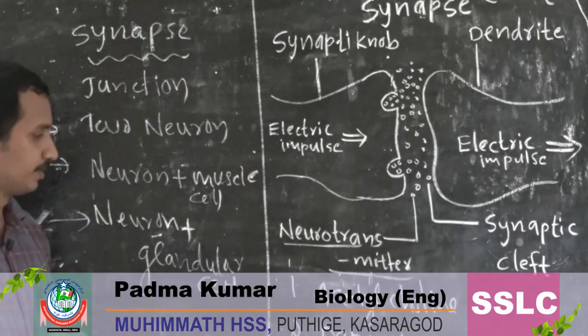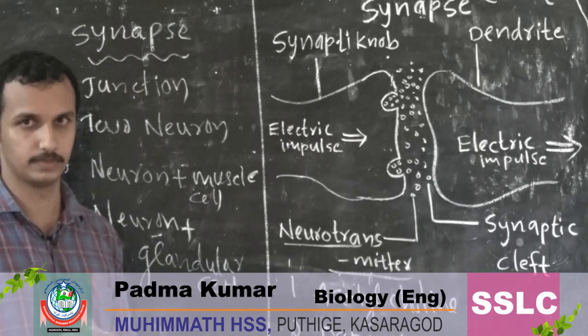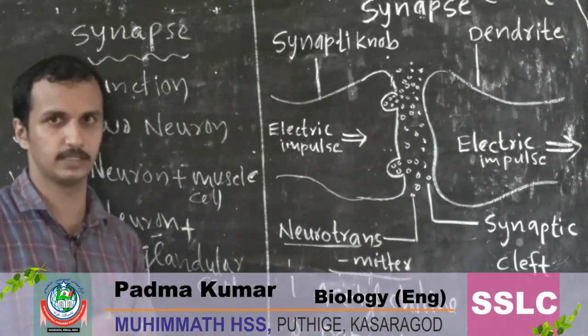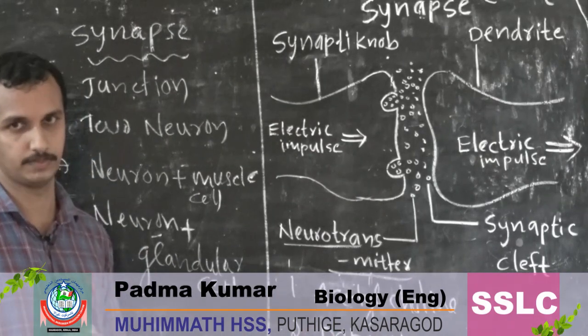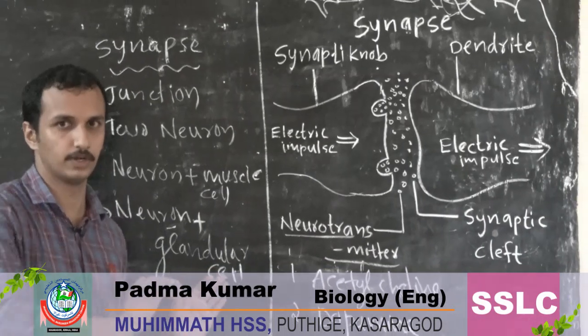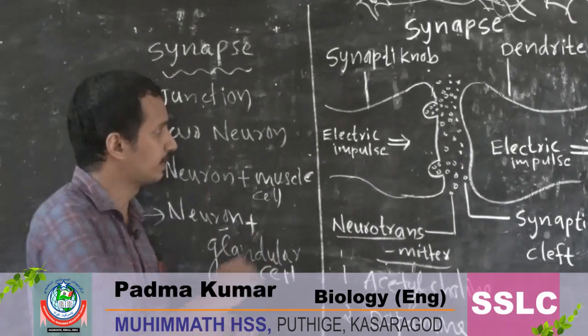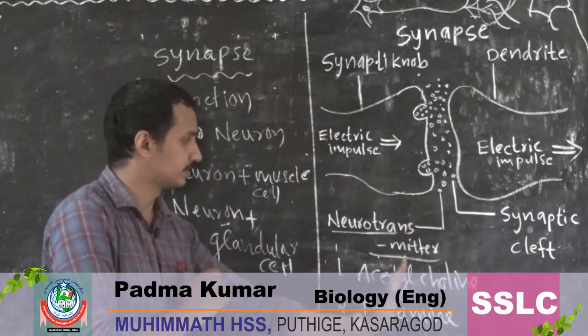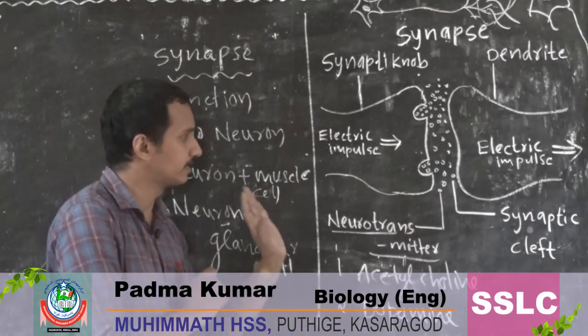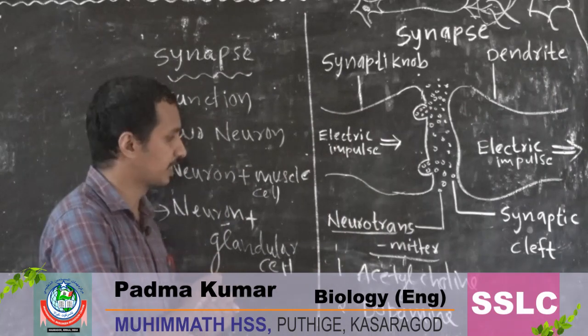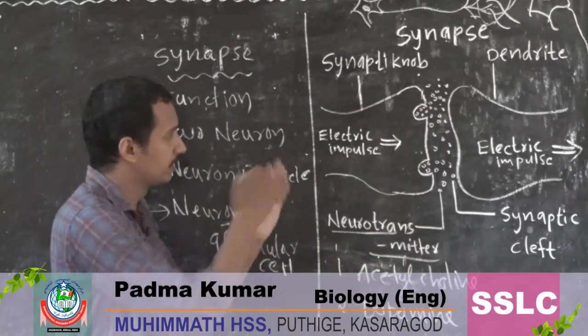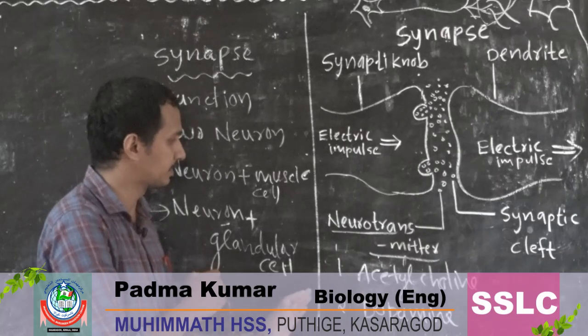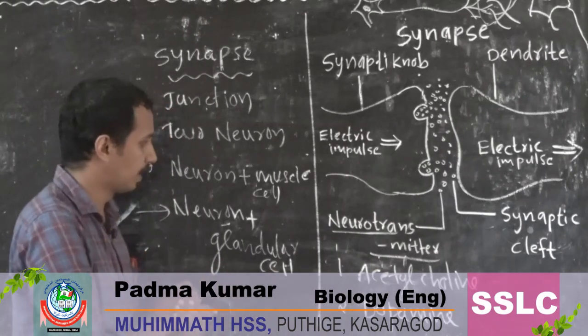These are some neurotransmitters. They accelerate the movement of impulses, or messages, between adjacent nerve cells. It helps speed up the movement of electric impulses across this junction inside the synapse. It helps in the movement of ions.